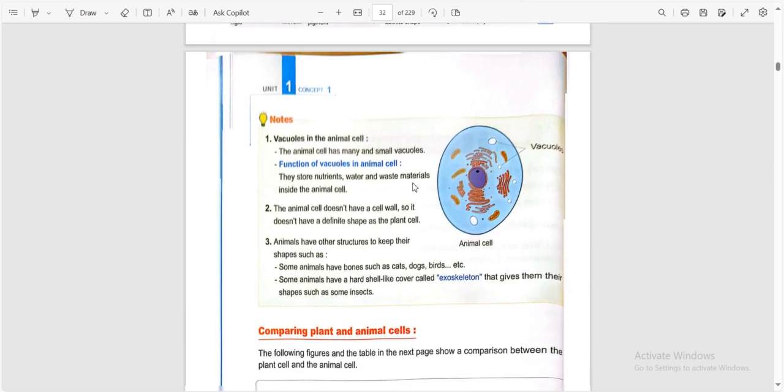A very important thing about the sap vacuole is that it exists only in the plant cell, but in the animal cell we have a similar thing, which are vacuoles. And they are small and multiple. So we have a few of them doing this function.